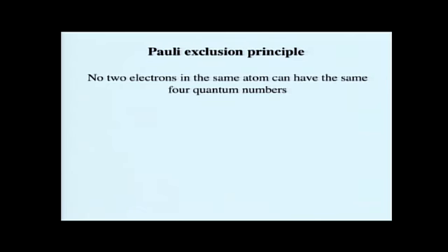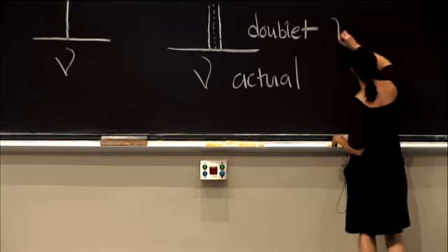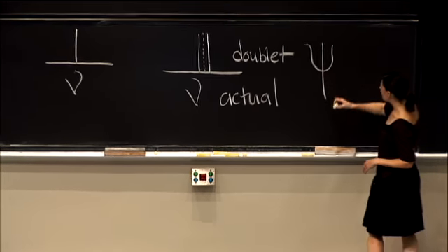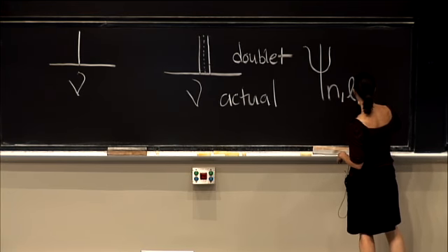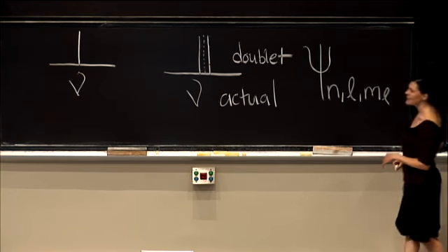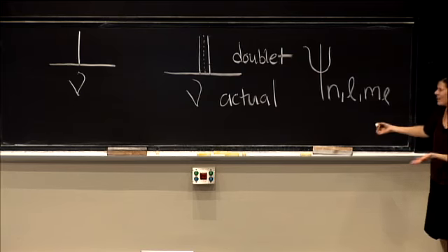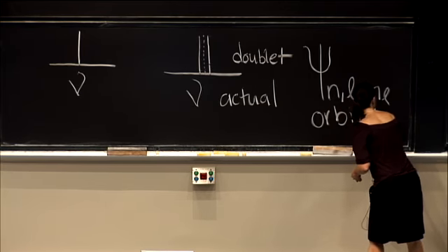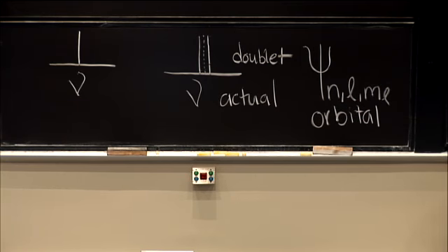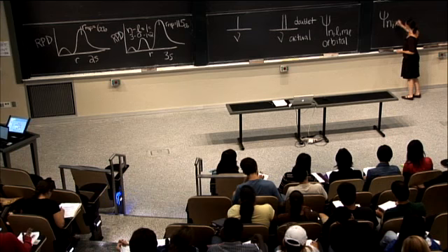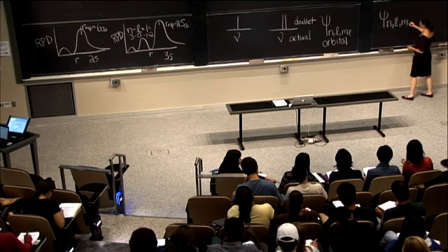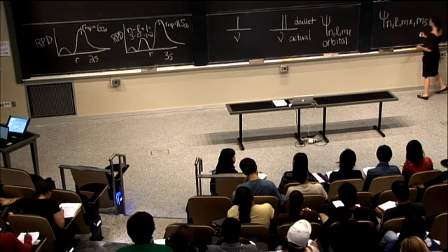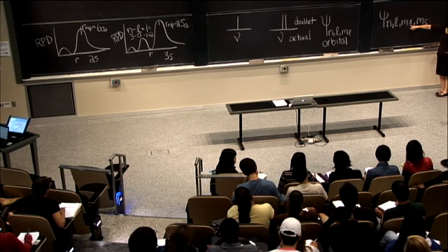So let's just think exactly what this means. If we take a wave function and we define it in terms of n, l, and m sub l, what we're defining here is the complete description of an orbital. In contrast, if we're taking the wave function and describing it in terms of n, l, m sub l, and now also the spin, what are we describing here?